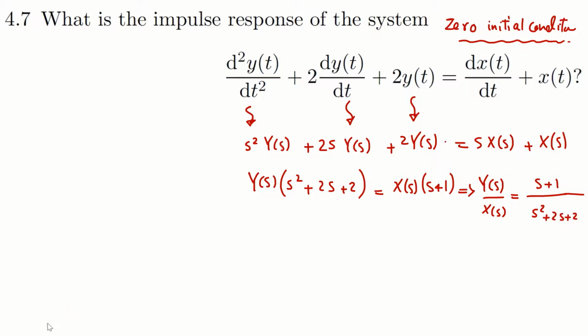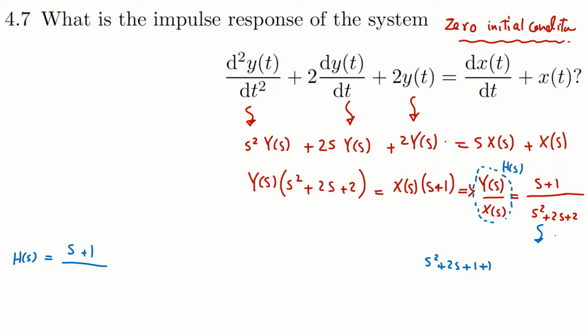Let me write the rest here. So we have H of s, because this ratio is actually H of s. So H of s equals s plus 1 over, now I can write this polynomial as s squared plus 2s plus 1 plus 1.